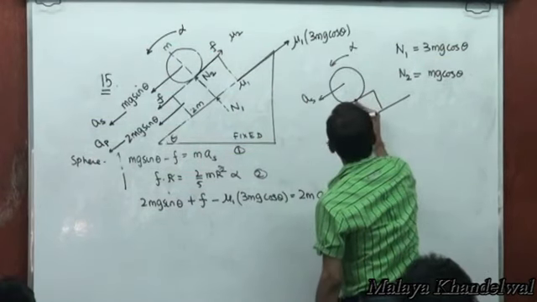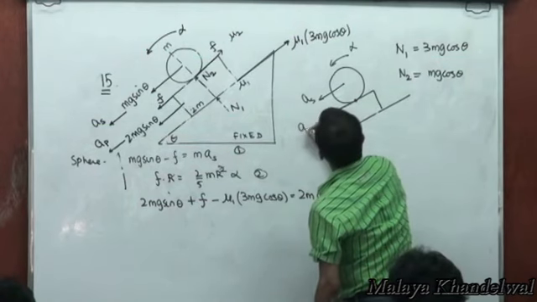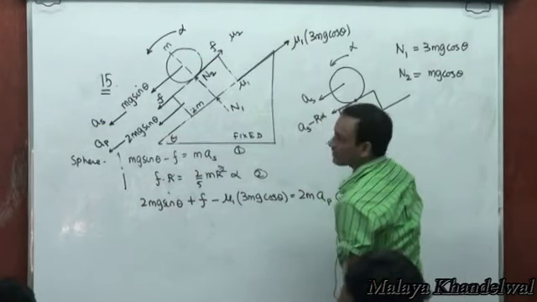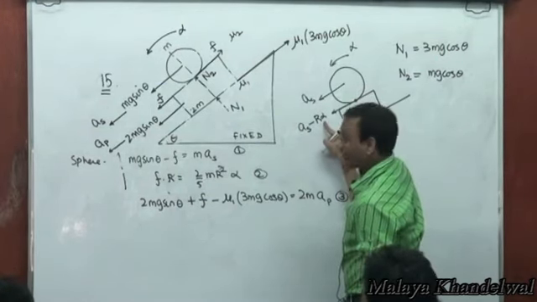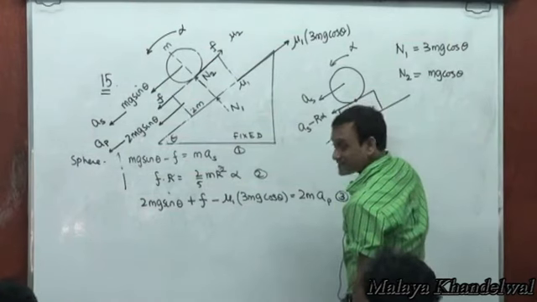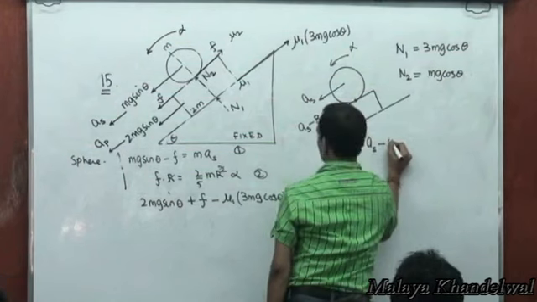So the acceleration of the point of contact on the sphere would be what? AS minus R alpha, and this must be equal to the acceleration of the plank. AS minus R alpha must be AP. That's the complete physics in the problem.